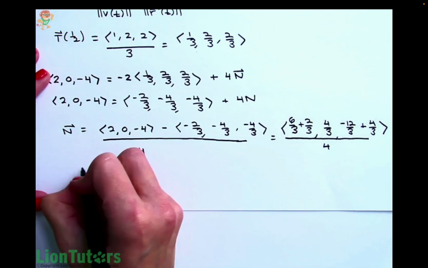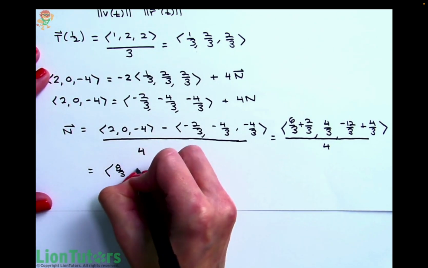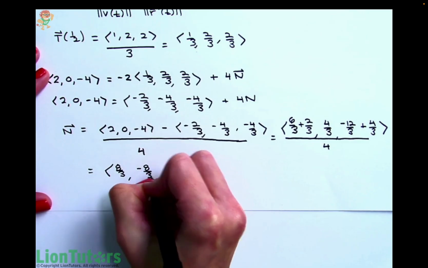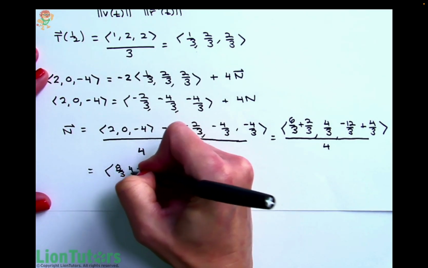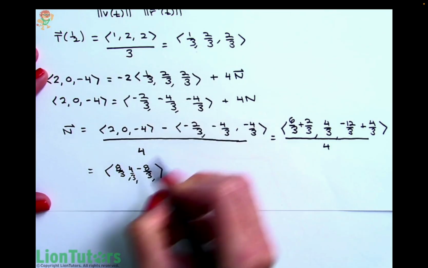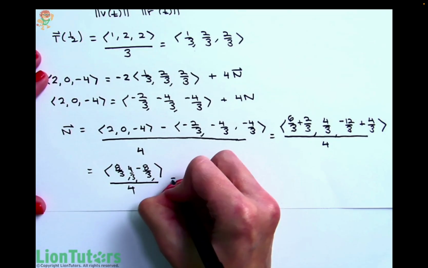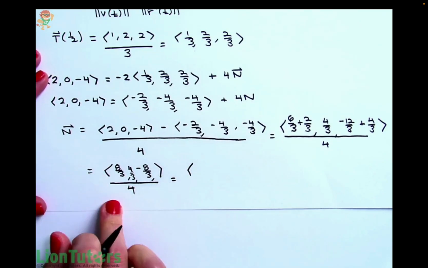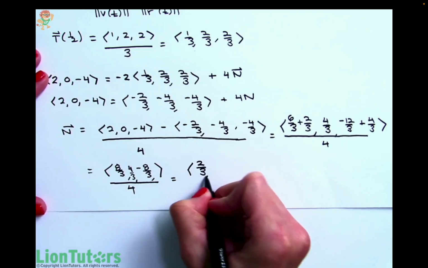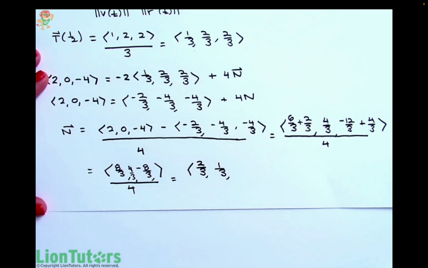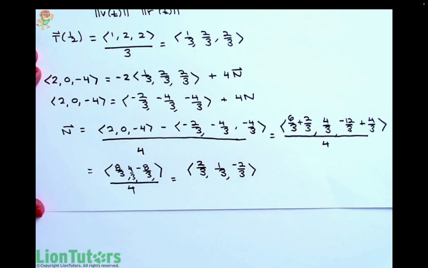That's going to give us 8/3, 4/3, -8/3, all divided by 4. 8/3 divided by 4 would be 8/12, which would be 2/3. 4/3 divided by 4 would be 1/3, and then that would be -2/3 for our N.